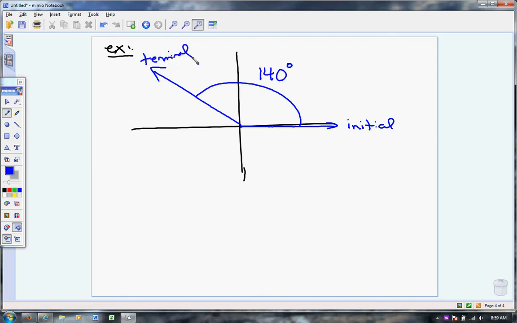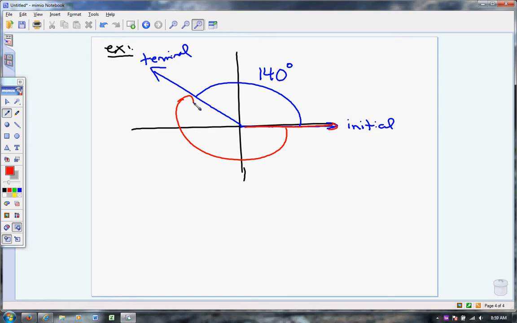So if this is my first angle, if I want a pair of coterminal angles, then one way I could get the other angle is to start here and swing the other way to that point. Now, how many degrees are in a circle? 360.